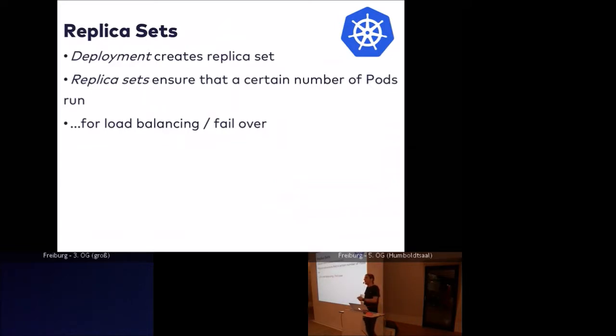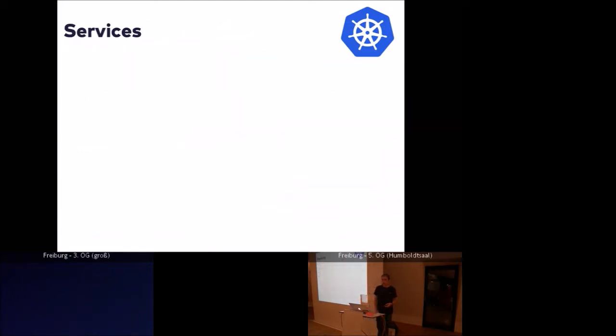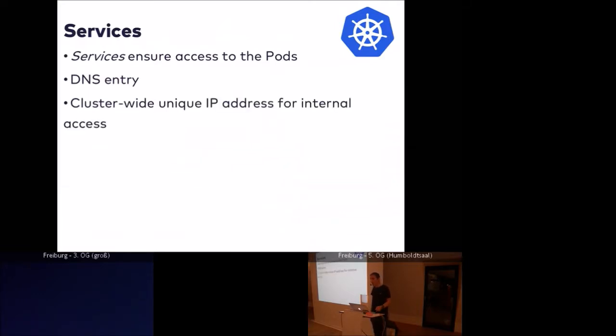Okay. So we still need to have something to do to make that load balancing happen, and that is where services come in. So services ensure basically access to the pods. So there is a DNS entry. So I would say, please run that customer thing, and that would have a service called customer, and then I have a DNS entry called customer, and I have an IP address for that service.